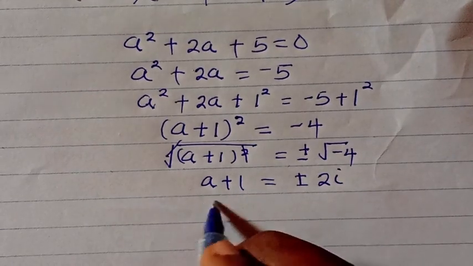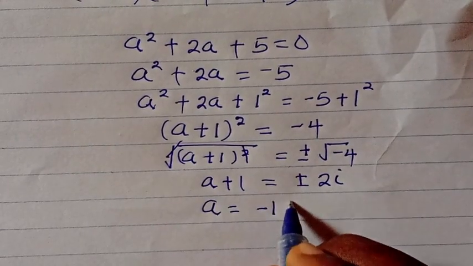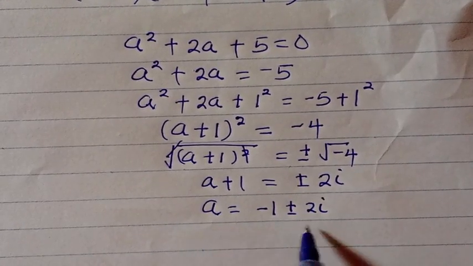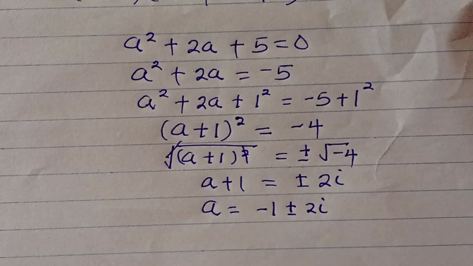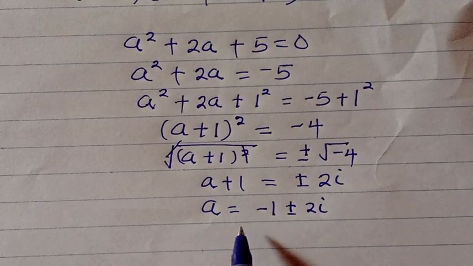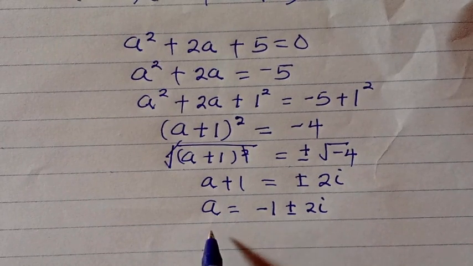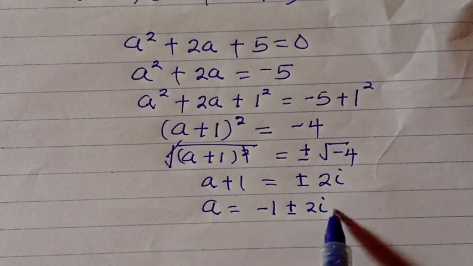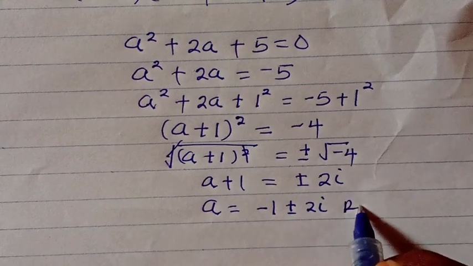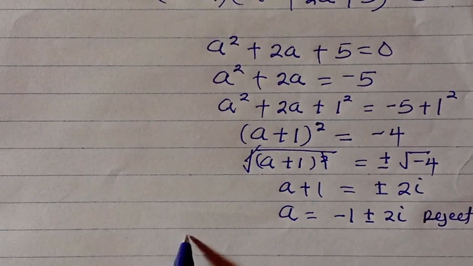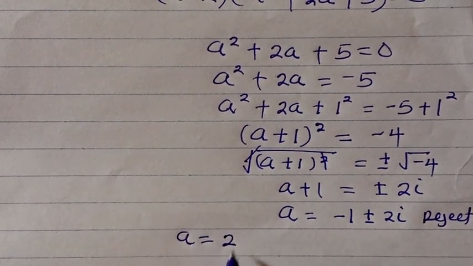By transferring 1 to the other side, we have a equals minus 1 plus or minus 2i. This is the other roots. But what we want here is the real root, not the complex roots. So we are going to reject these complex solutions and we solve for a equals 2.